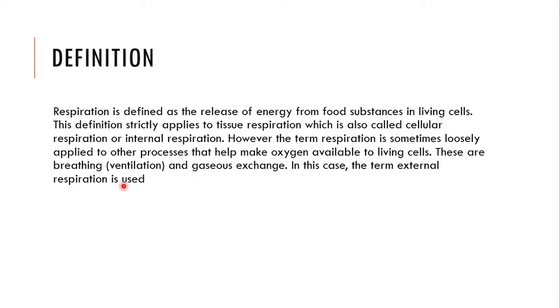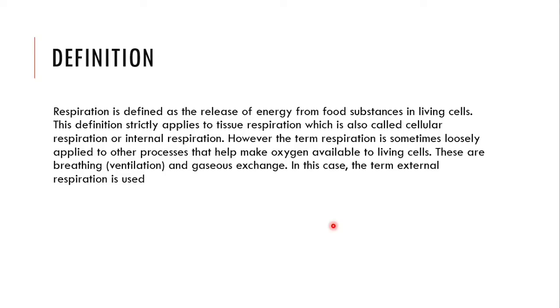Now, what is the definition for external respiration? Okay, so external respiration, they've said here: the term respiration is loosely applied to other processes that help make oxygen available to living cells. So we can simply say external respiration is a process that makes oxygen available to living cells, because oxygen is a requirement in the manufacturing of energy in this process of respiration.